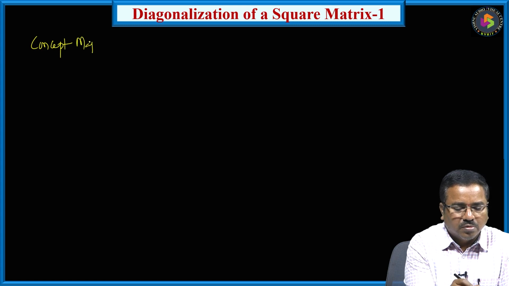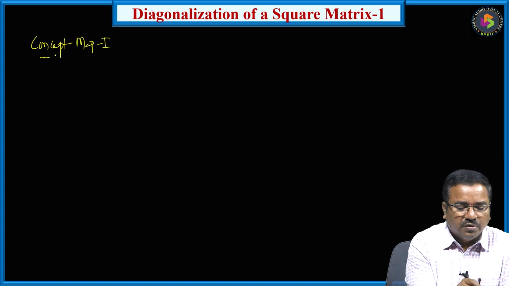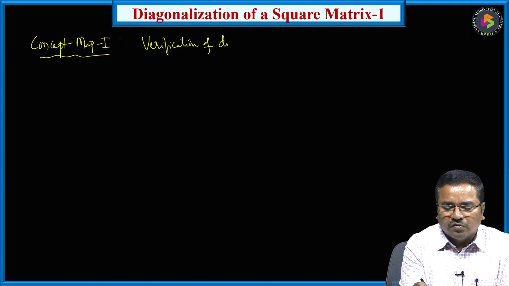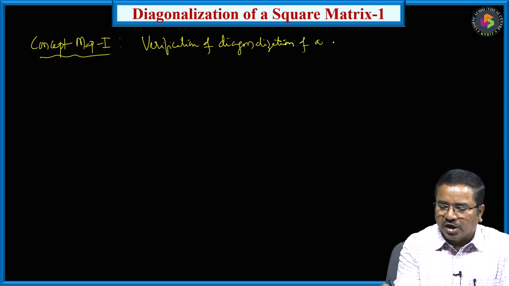The concept map 1 is the verification of diagonalization of a matrix, of a square matrix.